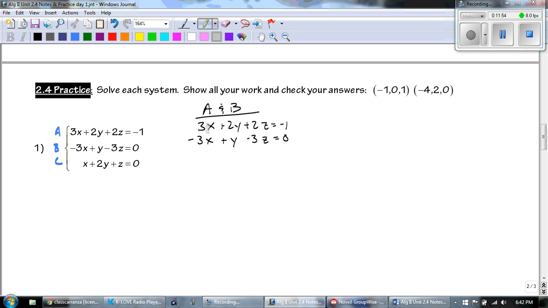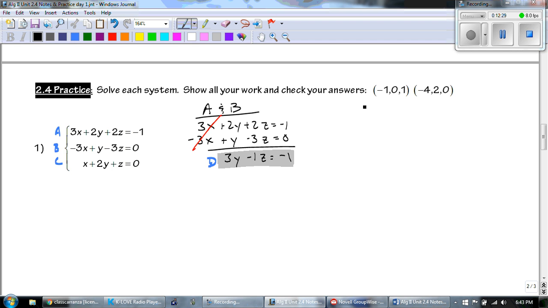So, what do you notice right away? We really don't have to do that much work, because the x's are all good, we can cancel those, and then I can combine. So I've got 3y, 2 minus 1 is negative 1z, and that equals negative 1. So right away, we were able to find D. Sweet, we did that pretty quick.